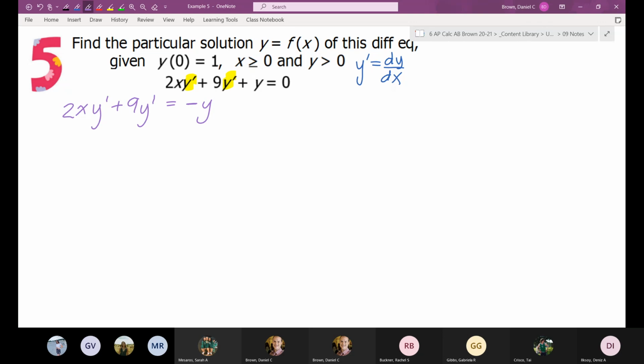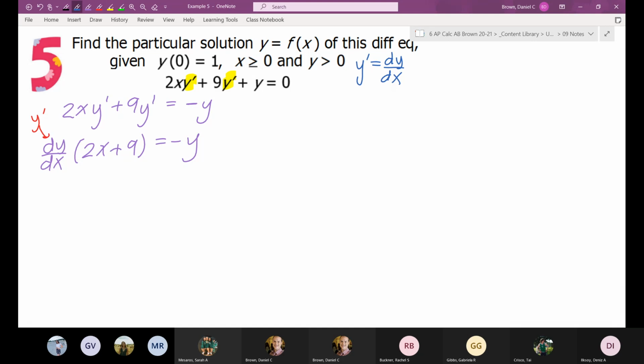What can I do with that y prime? Factor it out. I'm going to do two steps at once. Yes, I'm going to factor it out, but I'm also going to go back and write it as dy dx. So factoring it out, we're going to pull out that y prime. And so I have 2x plus 9 is equal to that negative y. And again, that dy dx came from factoring out the y prime.